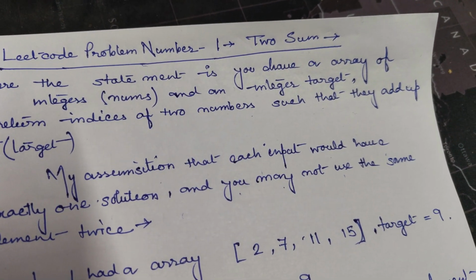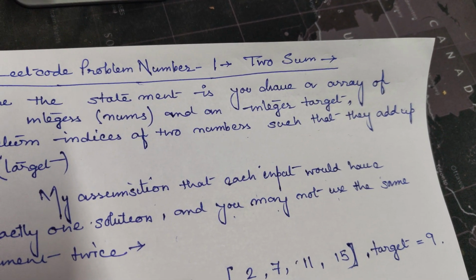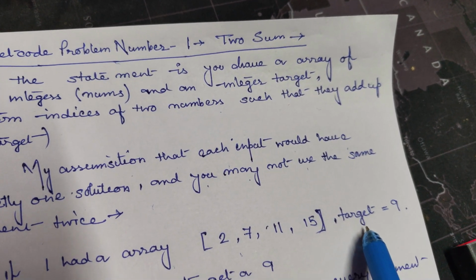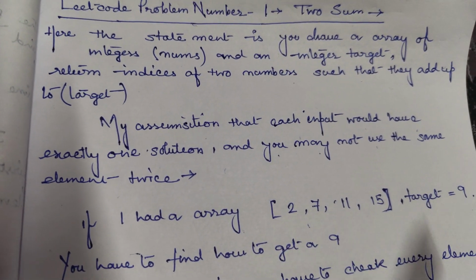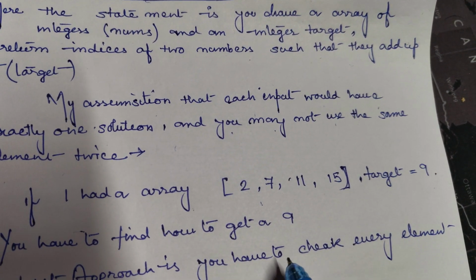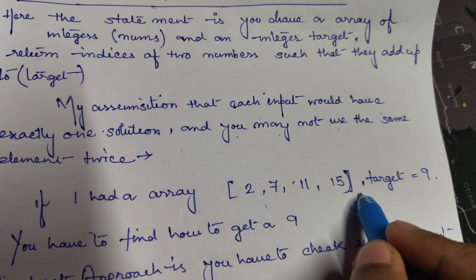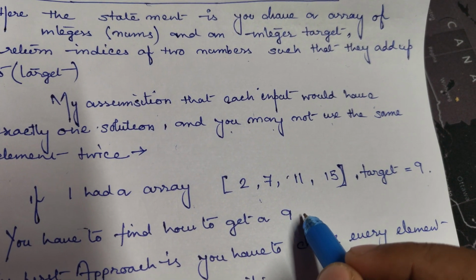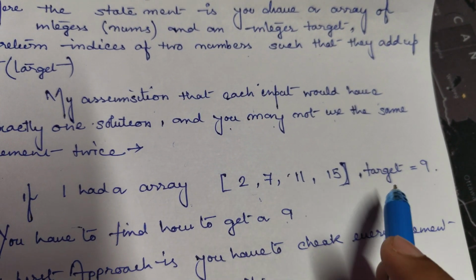Okay, so the simple approach is, if I have an array 2 7 11 15 and the target is 9, you have to find how to get 9. My first approach is to check every element: 9 minus every element.